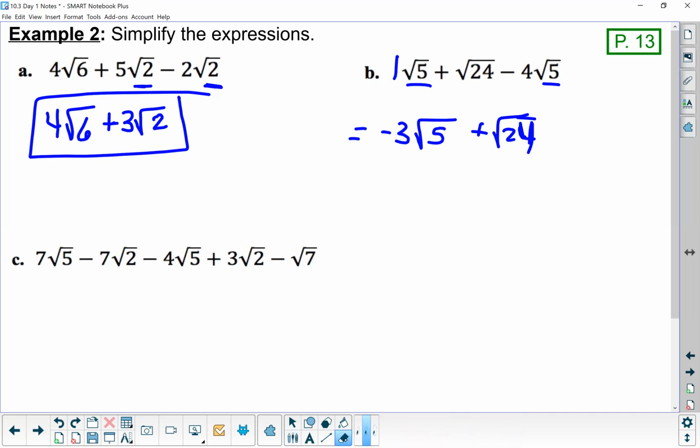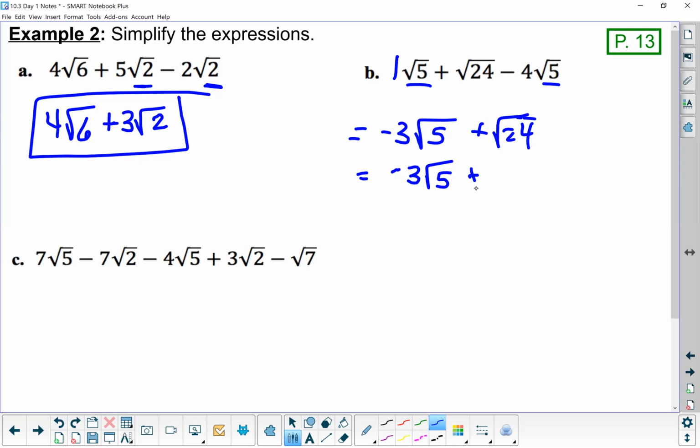5 is a prime number, so that root cannot be simplified. 24 is not a prime number, so we can try to simplify that. I'm going to try the perfect square method for this one. 24 is not a perfect square, and 16 is the largest perfect square less than 24.